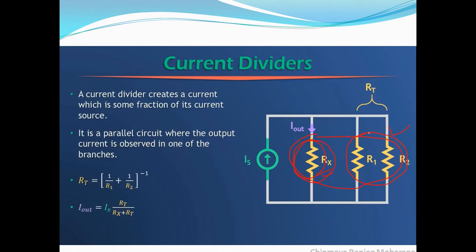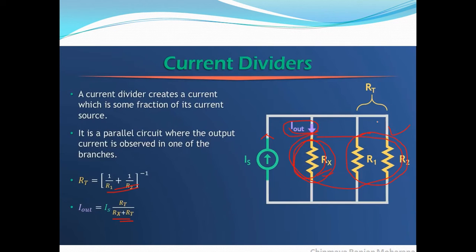Okay, and this R1 R2 gives us the total equivalent resistance, and the amount of current flowing in the Rx resistor will be defined as Is, the total current, into RT divided by Rx plus RT.